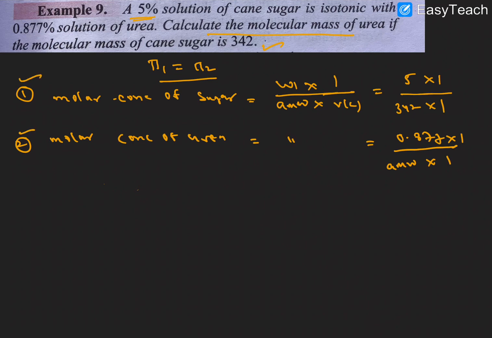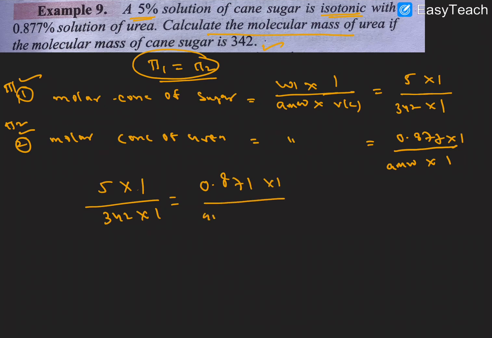Now these two solutions, this one is osmotic pressure 1 and this one is osmotic pressure 2. These two solutions are isotonic solutions. As mentioned in the question, isotonic solution is nothing but the two pressures are equal, so the concentrations also become equal. So 5 into 1 by 342 into 1 equals 0.877 into 1 by the gram molecular weight, which we have to find out, into 1.